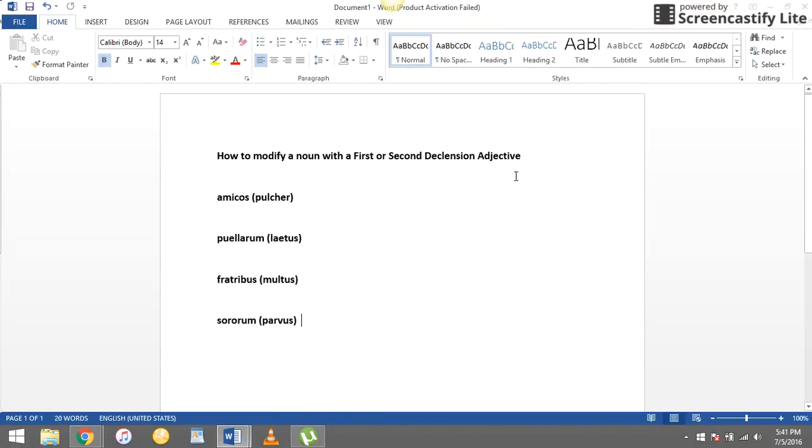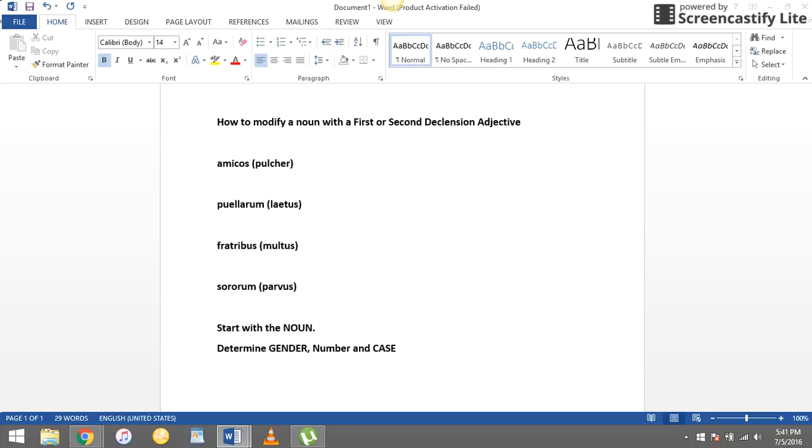So here we go. You're given the noun amicos, for example. The first thing you have to do is start with the noun, okay? Because nouns don't agree with adjectives. Adjectives have to do what nouns do. So you're going to determine gender, number, and case of the noun first.